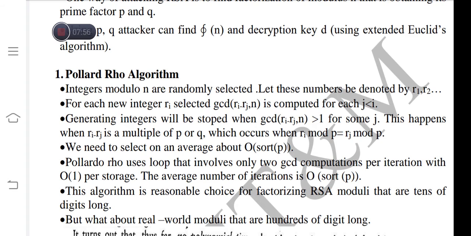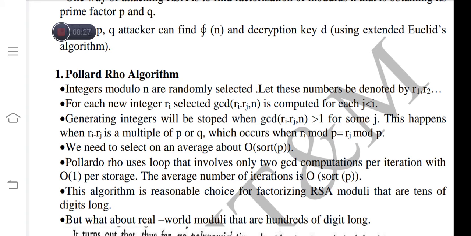Greater than 1, why? Because greater than 1 means the GCD of Ri minus Rj, comma n are not co-prime to each other. This happens when Ri minus Rj is a multiple of p or q. We have the two prime numbers p and q, and when we find the value Ri minus Rj, that value is a multiple of either p or q.